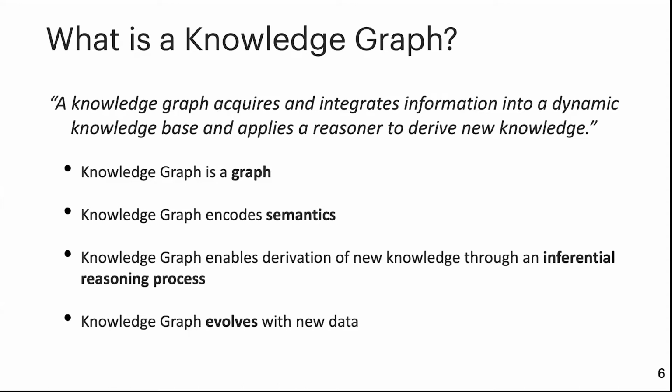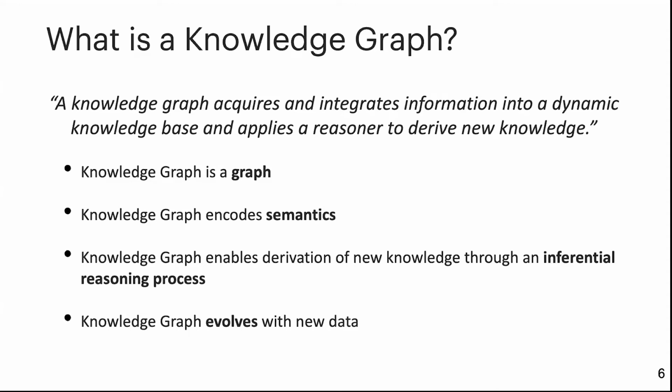A knowledge graph encodes semantics, and that's very important because we want to be able to disambiguate the knowledge that we're talking about, and then connect these disambiguated pieces of knowledge together, and we will call these disambiguated pieces of knowledge concepts. A knowledge graph enables derivation of new knowledge through an inferential reasoning process, and that's, I think, the key point.